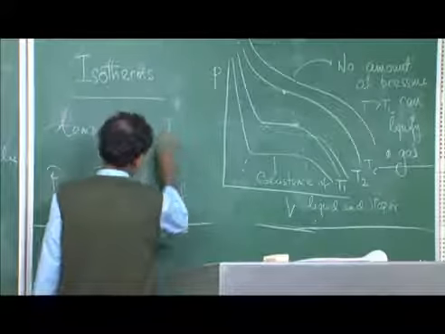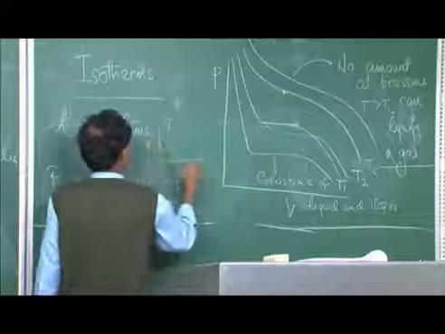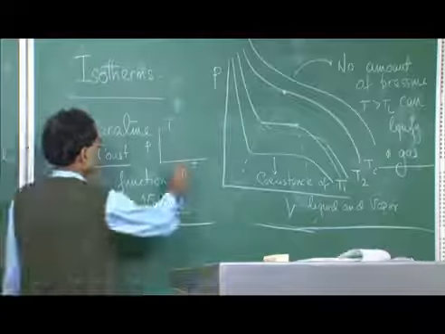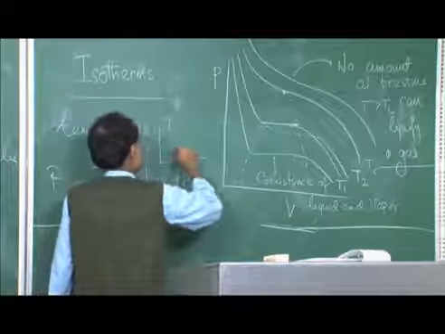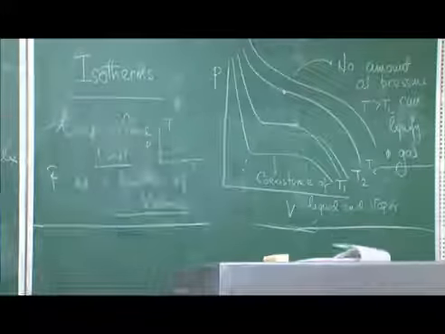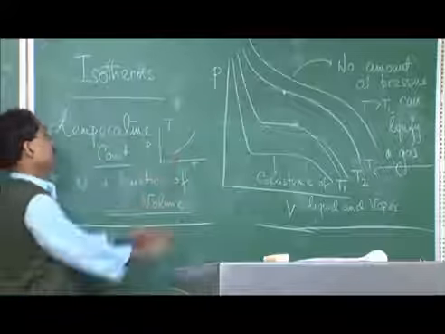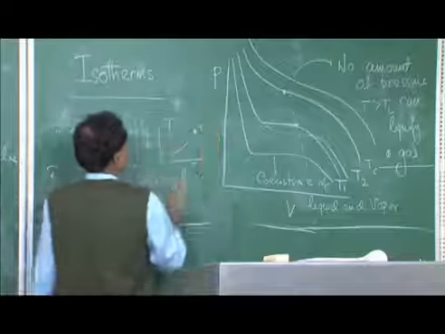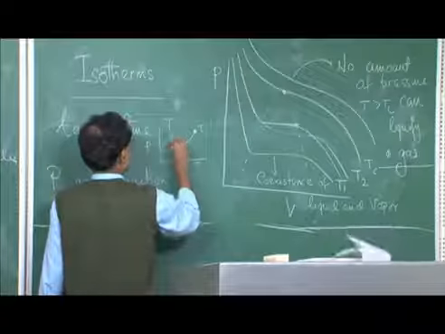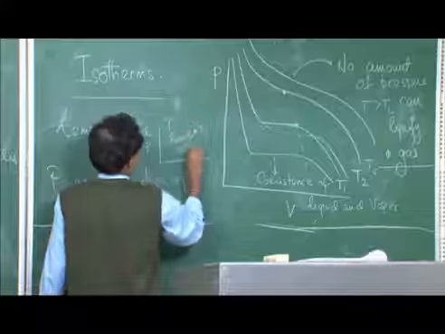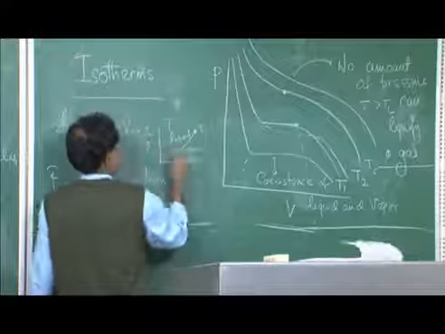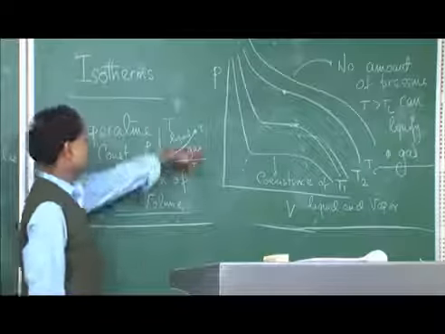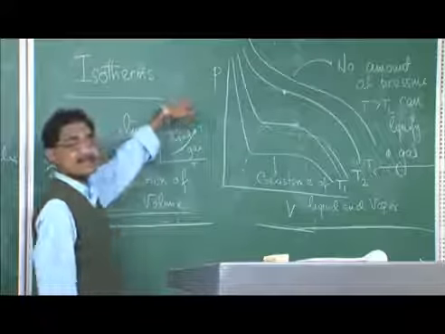If you want to plot the PT diagram, P as a function of T, this is also very useful. Keeping volume fixed, you will see that this PT diagram ends at the critical point. This is your liquid and gas, and they coexist up to the critical temperature, and beyond that there is no coexistence.